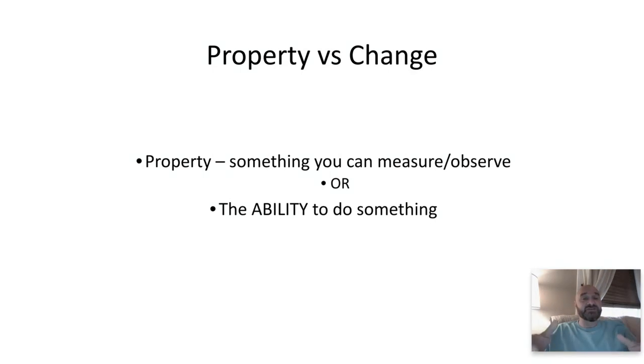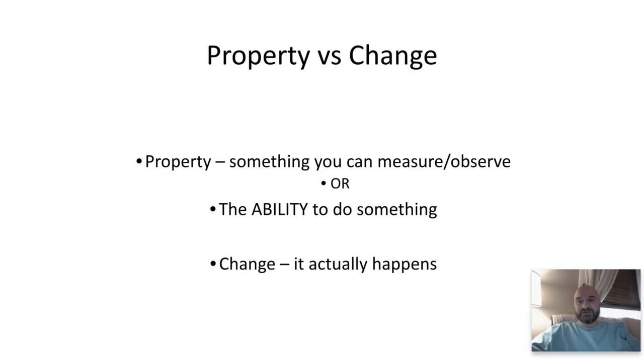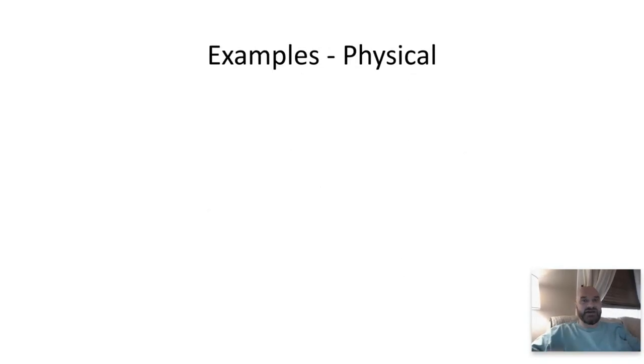The substance is just sitting there with the ability to do something that we can observe or measure. That is a property. A chemical or physical change is, well, that property actually comes to life and it actually does happen. So a property is the ability to do something. Change is, well, it actually happened.